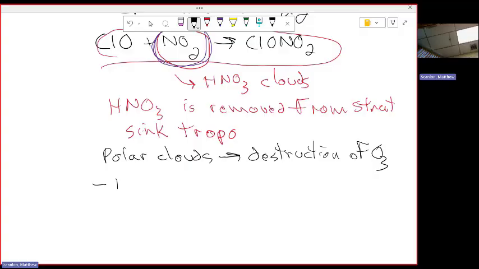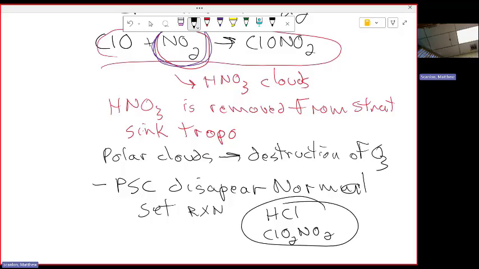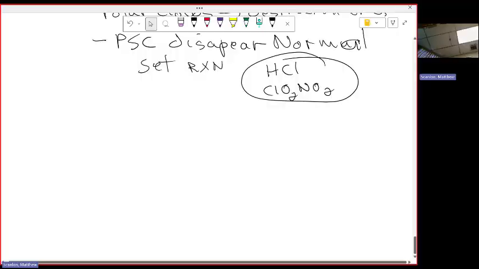So when the polar stratospheric clouds disappear, then we go back to the normal set of reactions, and we remove chlorine by getting it into these two reservoirs, HCl and ClONO2. Now, there are other things that happen. The polar vortex is gone.